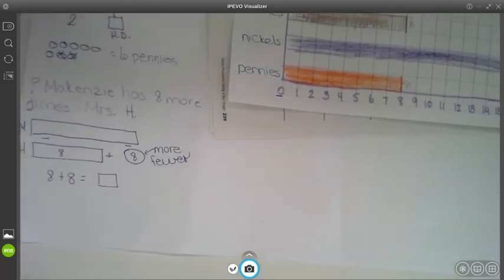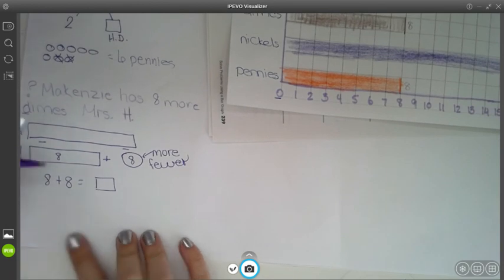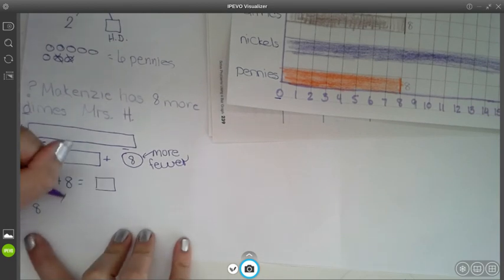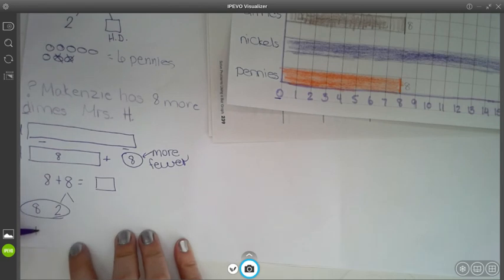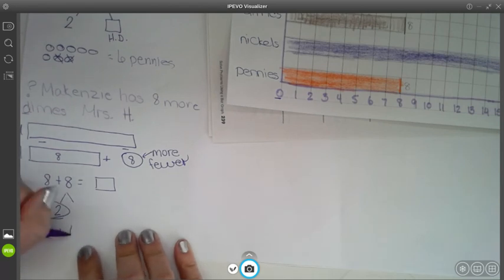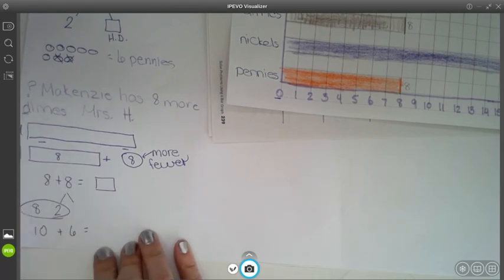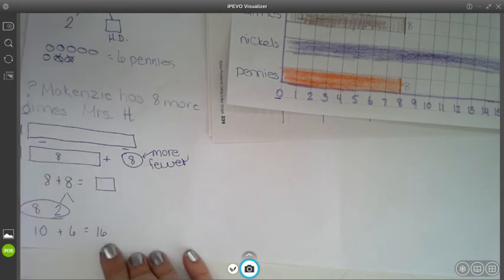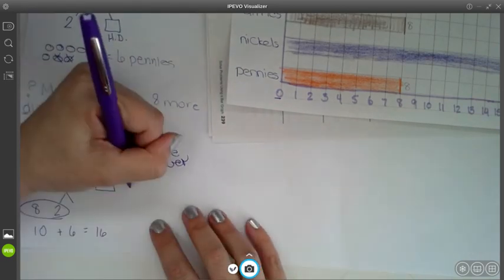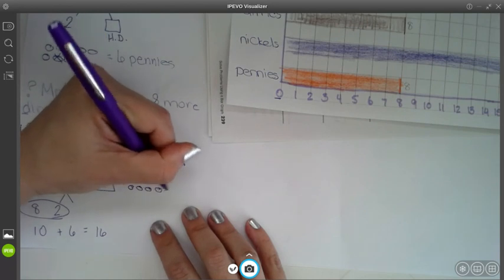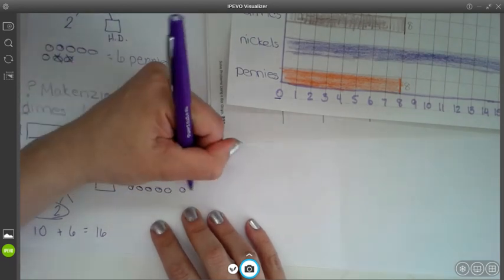Okay, we like to always be working on our make a 10 strategy, right? So I would have 8. I'm going to take 2 from this one because that gives me my 10, plus 6 equals 16. Additionally, if you like to make drawings for those, that is completely your option too.